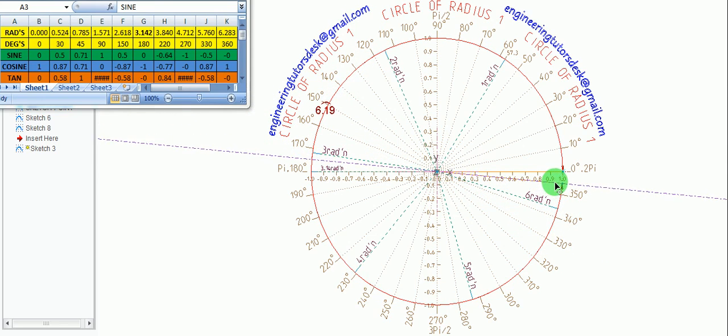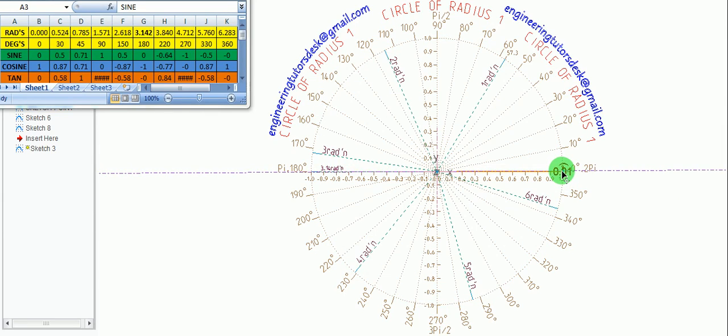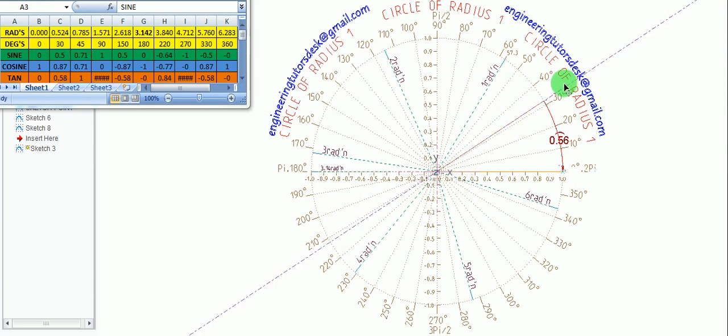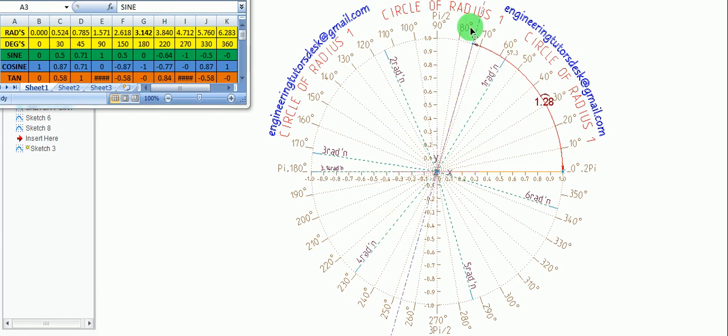Having understood the construction line, let us proceed with the direction of measurement of an angle. The angle is measured in the counterclockwise direction from 0 to 360 degrees.